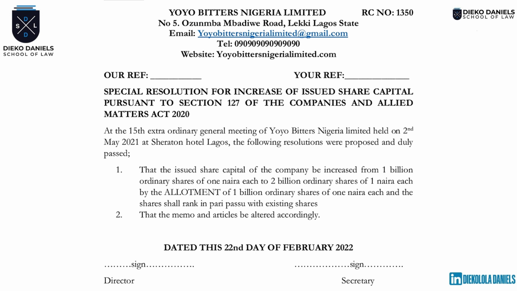That's my question. Do you understand? So in this case, at the 15th extraordinary general meeting, of, after the at, then of, right? Of Yoyo Bitters Nigeria Limited, held on the 21st of May 2021 at Sheraton Hotel, Lagos.